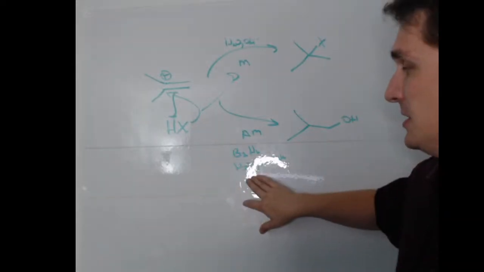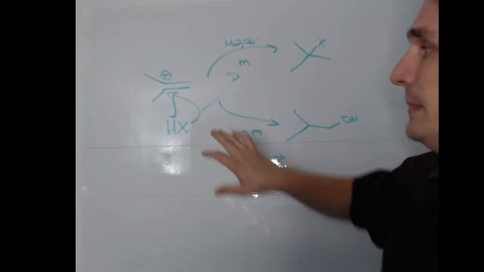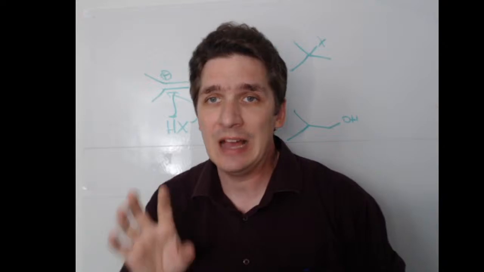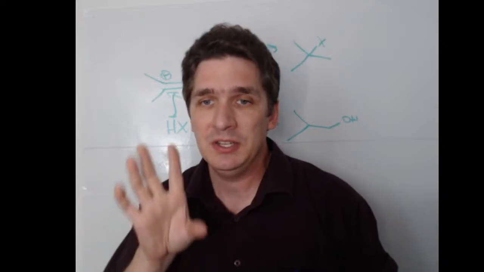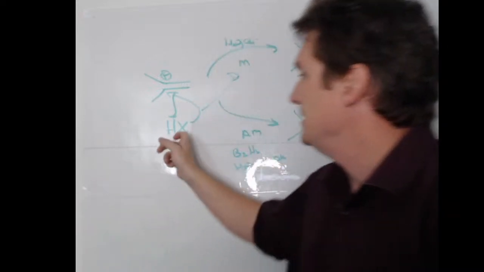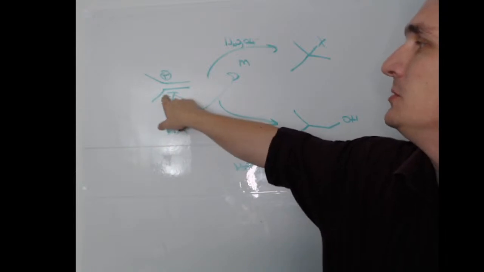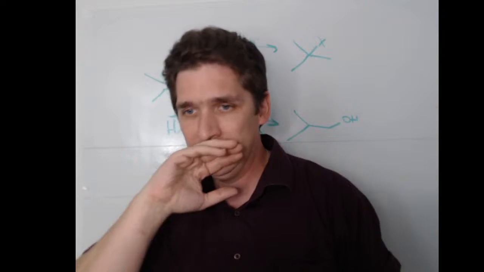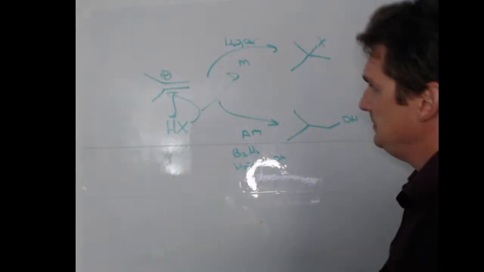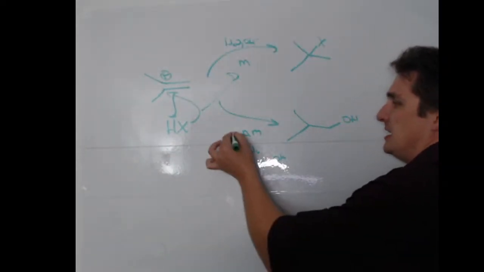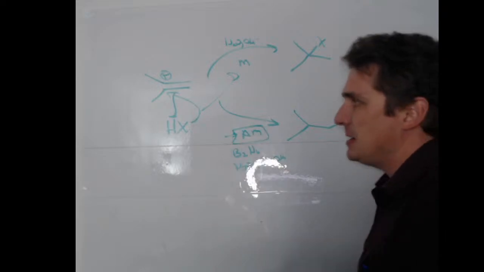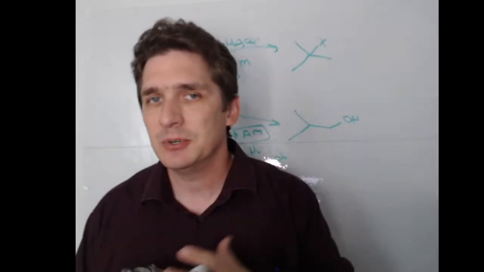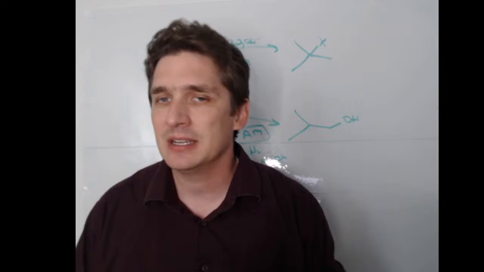The anti-Markovnikov stuff is typically a lot more complicated because we have to find a way to justify why this big nucleophile wouldn't want to go to what would basically be the most stable carbocation. With anti-Markovnikov in particular, you start getting these big complicated mechanisms that are trying to bridge the gap between organic chemistry and inorganic chemistry.